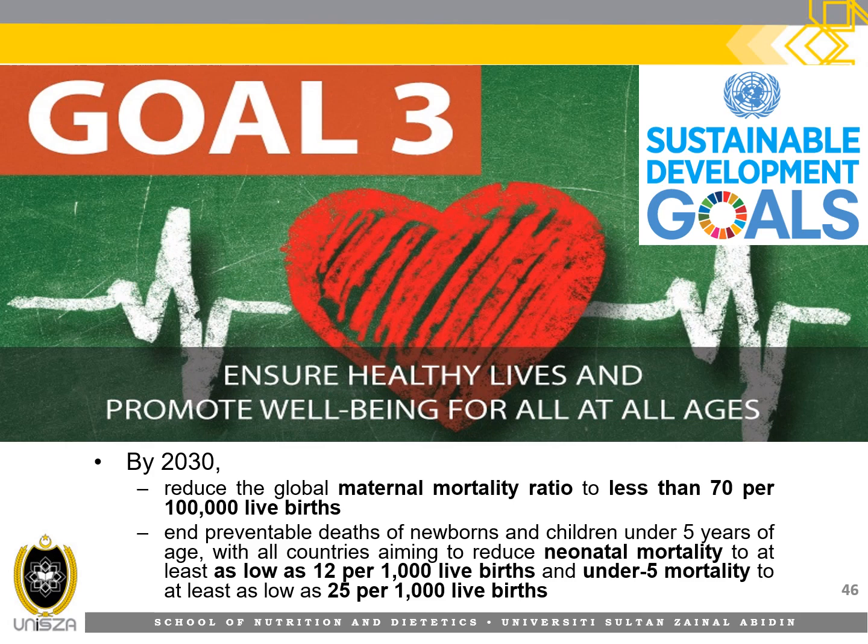And also, they want to end preventable deaths of newborns and children under 5 years of age, with all countries aiming to reduce neonatal mortality to at least as low as 12 per 1,000 live births, and under 5 mortality to at least as low as 25 per 1,000 live births.